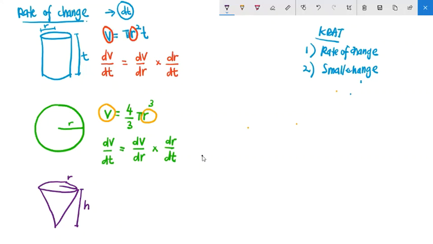Okay, if cone, the volume is 1/3 pi r square H. From the equation, the change is volume and the radius, or maybe boleh relate dengan H. Okay, let's say the related to R. dV dt is equal to dV dr times dr dt. Okay.